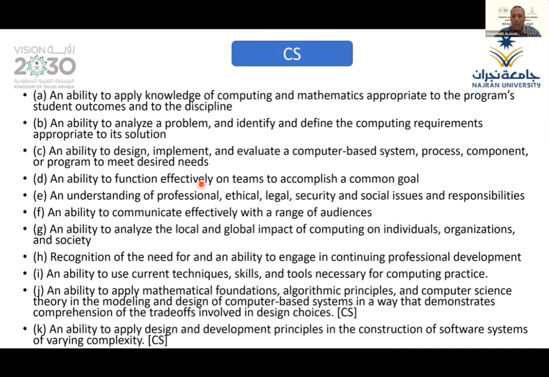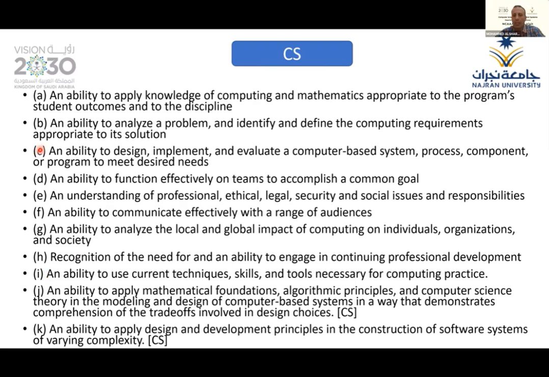The current plan is still working with the same ABET A to K learning outcomes, but we have just converted them to the learning domains of NCAAA. Generally, when ABET defines their learning outcomes, A to I, 9 learning outcomes are common and similar in CS and IS.